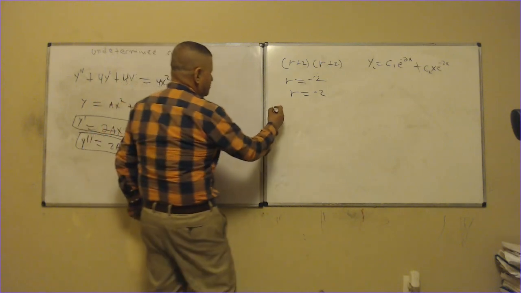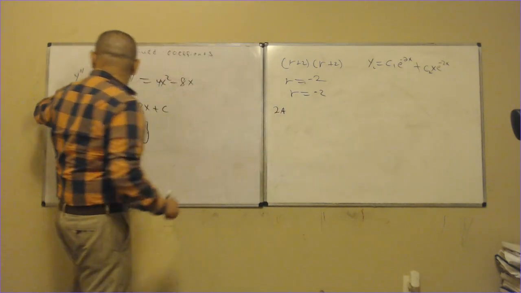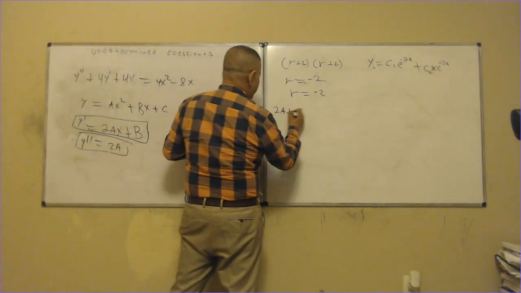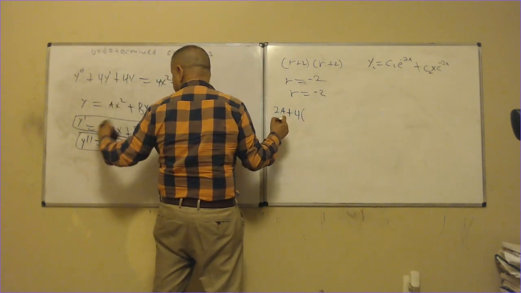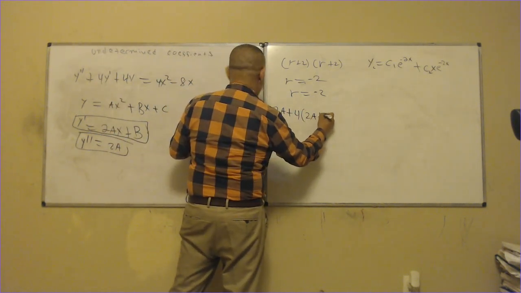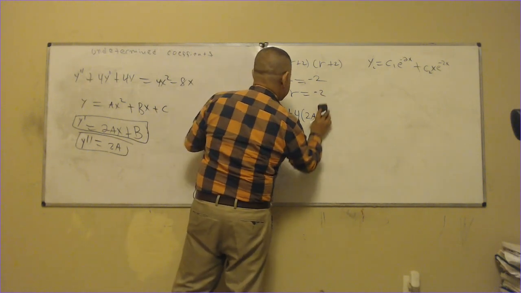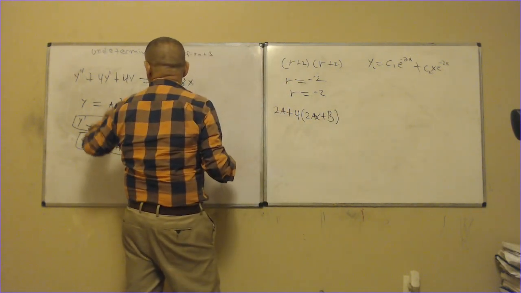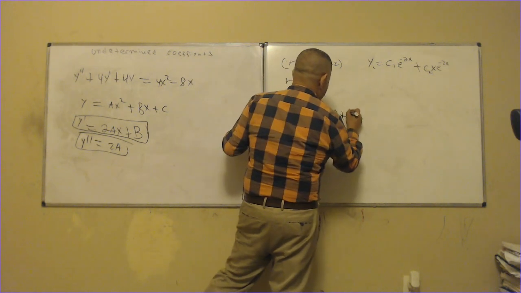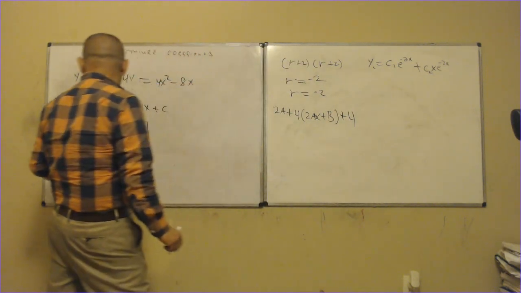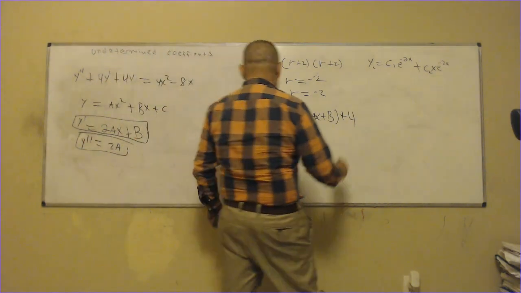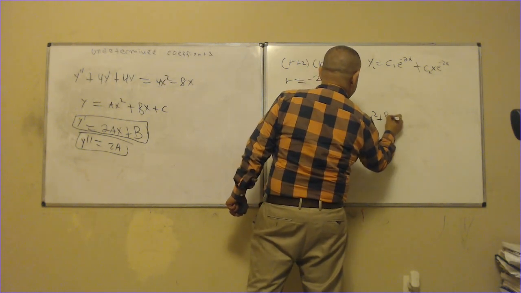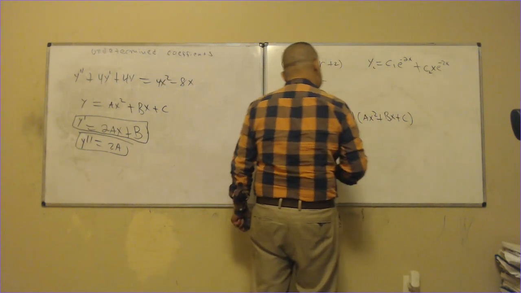It's going to be 2a, the second derivative, and then the first derivative is going to be plus 4 times 2ax plus b, and then plus 4 times everything that I have right there, which is ax squared plus bx plus c.